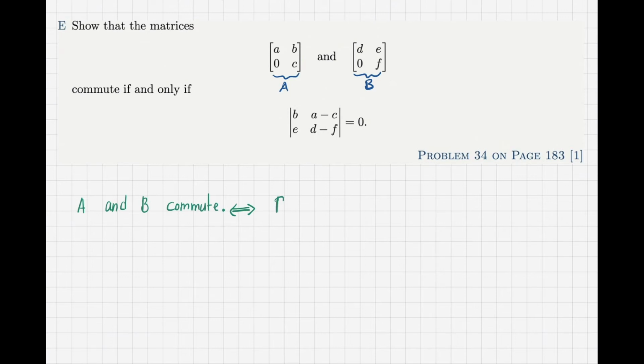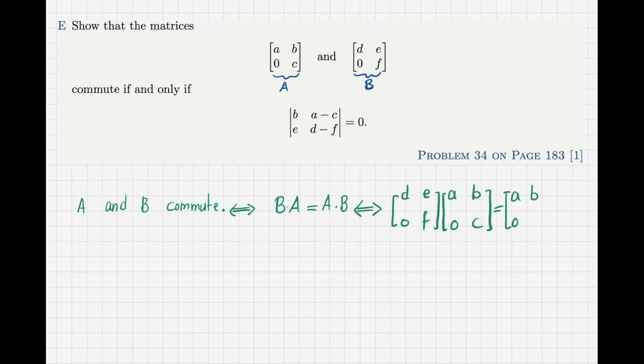It means that B times A is equal to A times B. And this is equivalent, I am just writing the double-sided arrows all the time, to: instead of B, I put its matrix D, E, 0, F multiplied by A, which is A, B, 0, C. This is supposed to be equal to the other way around, so A, B, 0, C multiplied by D, E, 0, F.